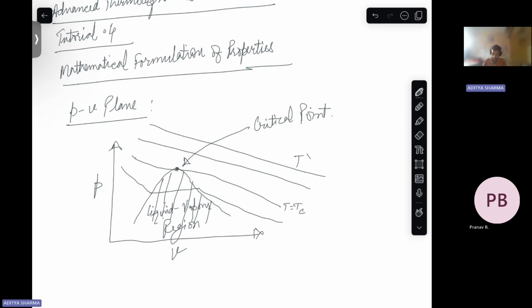For these isotherms, the temperature will be greater than the critical temperature of water, right? And for these that are below this critical point isotherm, the temperature will be less than the critical temperature, right?